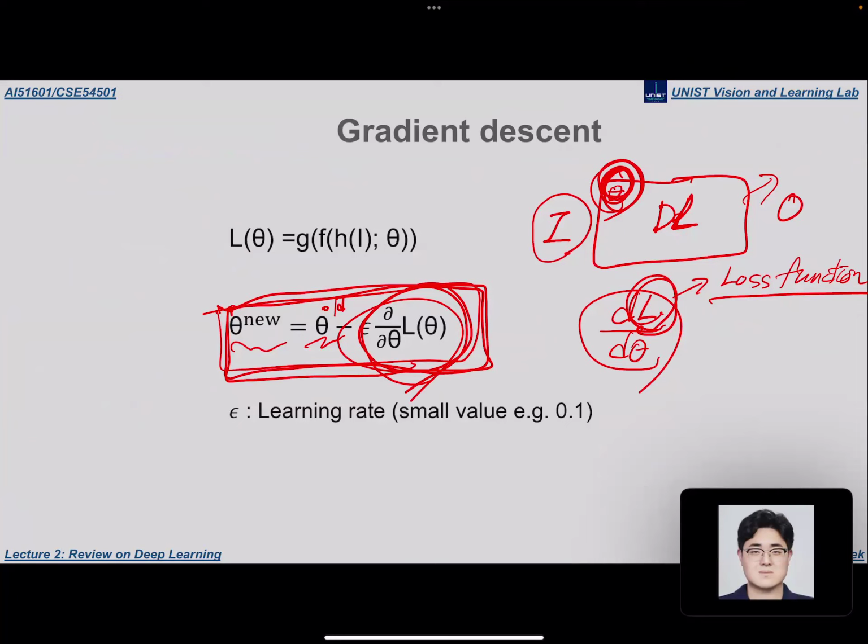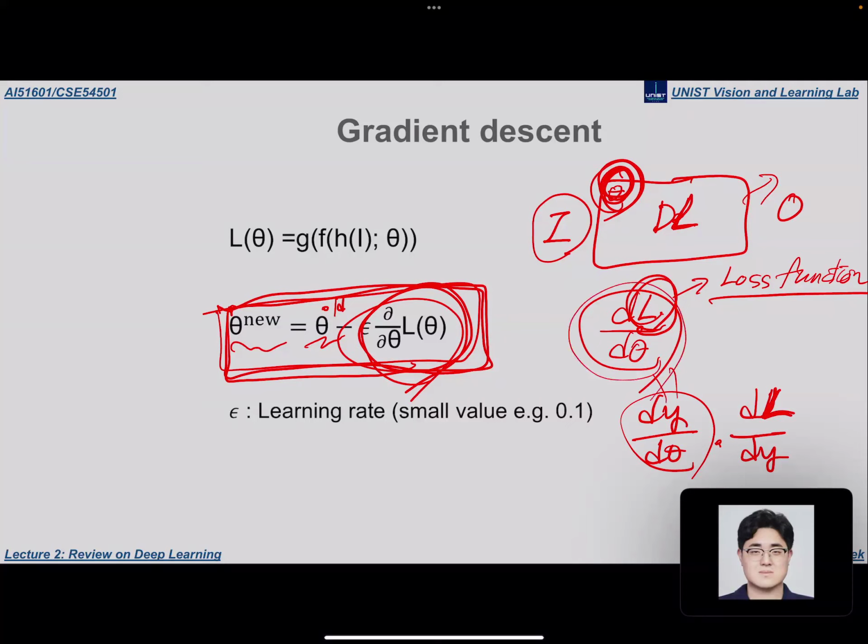So for the final output, the gradient is the differentiation of the final output y with respect to the parameters, and then you can multiply by the loss layer's gradient, and then you can get this dL.